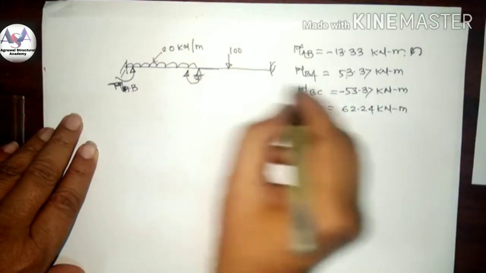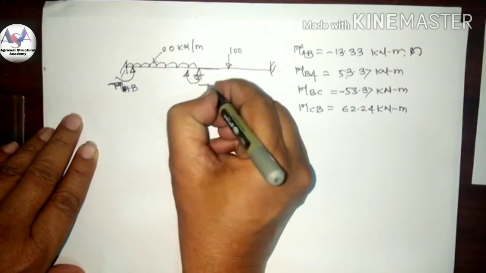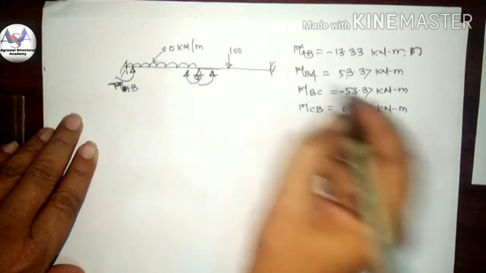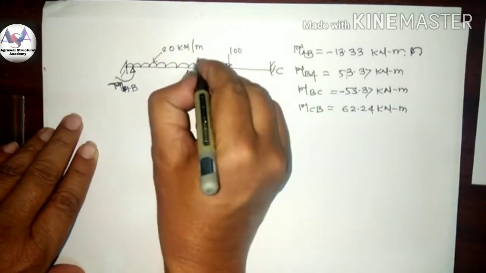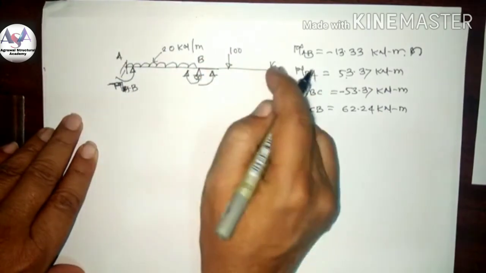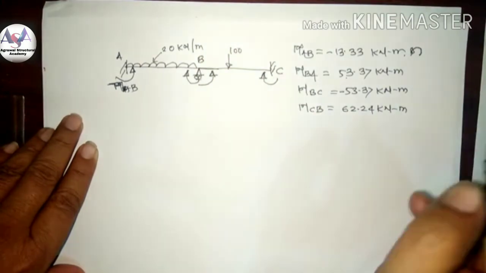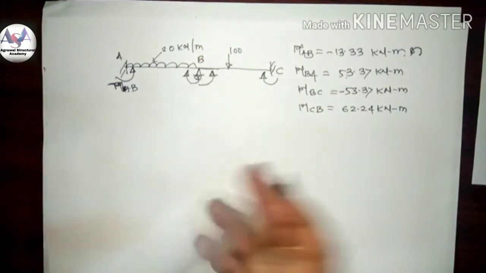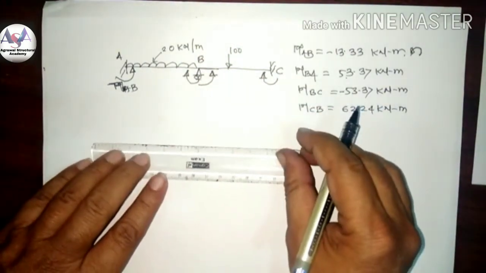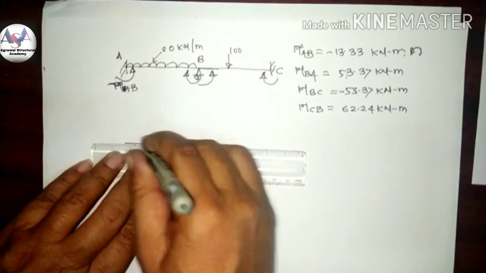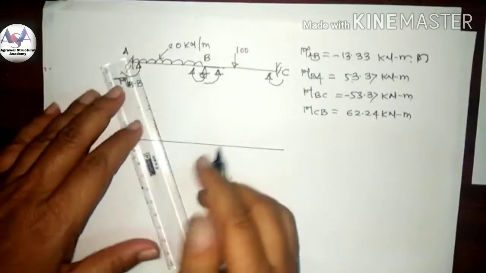Then BC is again minus, so apply here the anti-clockwise. Then last is C. CB is a plus. Plus means apply the clockwise. So here we have to draw the bending moment diagram. First, consider each span as simply supported and draw the free BMD for each span separately.